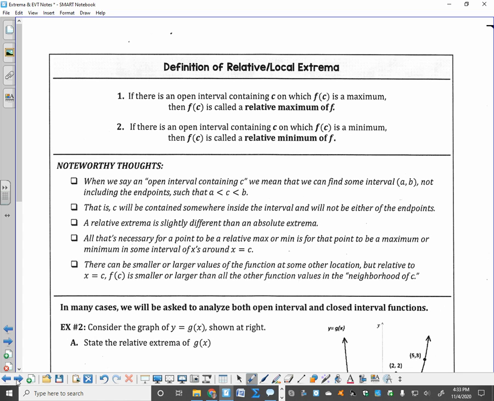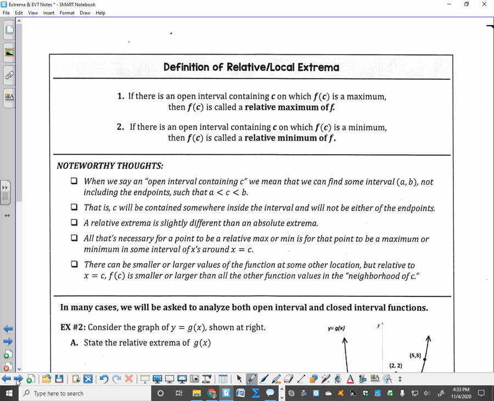Noteworthy thoughts. When we say an open interval containing c, we mean that we can find some interval from a to b, not including the endpoints. c will be contained somewhere inside the interval and will not be either of the endpoints. I feel like this is beating a dead horse. A relative extrema is slightly different than the absolute extrema.